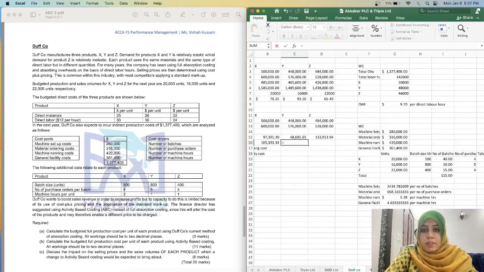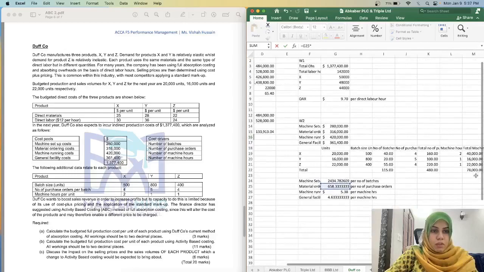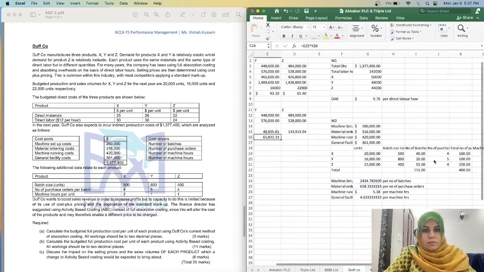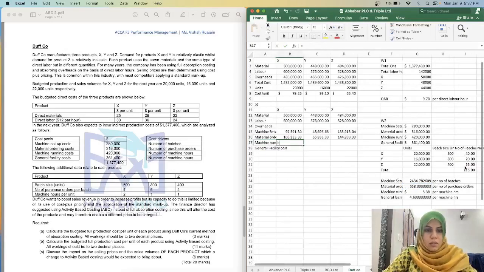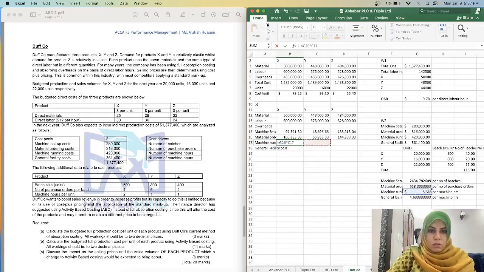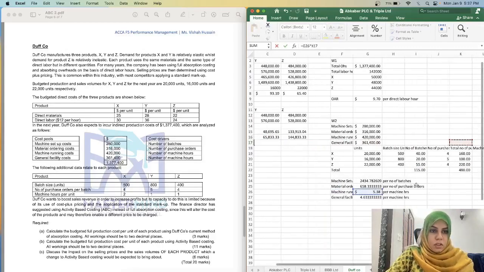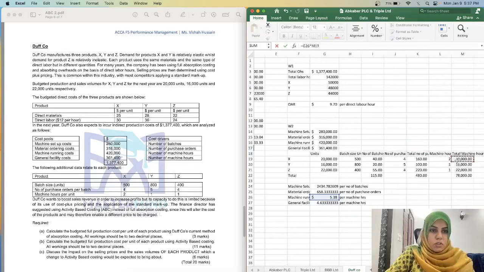The only reason why we did not multiply that by number of purchase orders per batch was because that was kind of like per unit, right? But we want the total for 20,000 units or for 16,000 units or for 22,000 units, which is why we are doing the multiplication with total number of purchase orders. Now for machine running cost. So total machine hours.